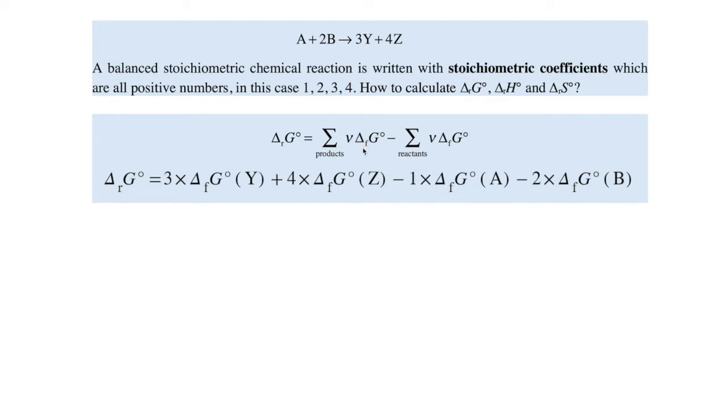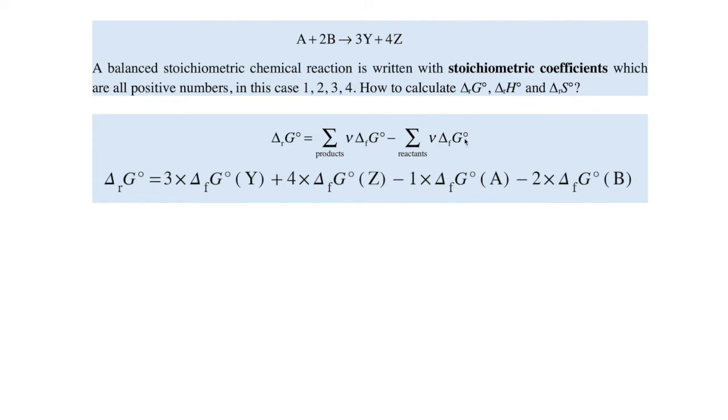And the way we do this is we're going to take a delta G of formation for each product. We're going to multiply each term by the stoichiometric coefficient of that product. We're going to sum up all the products, and then we're going to subtract off similar terms for each one of the reactants.